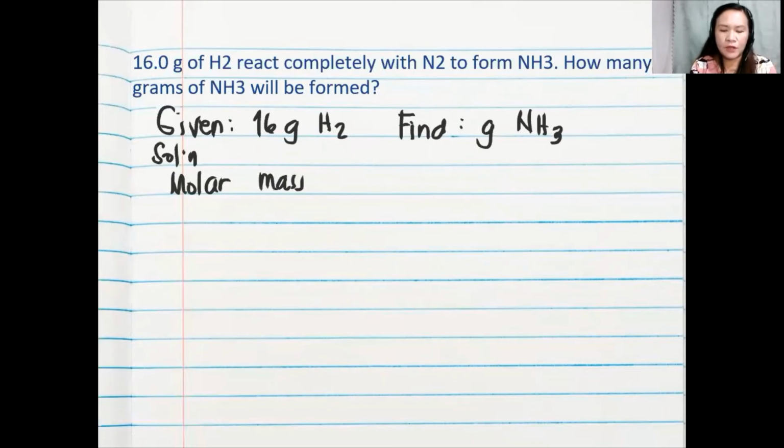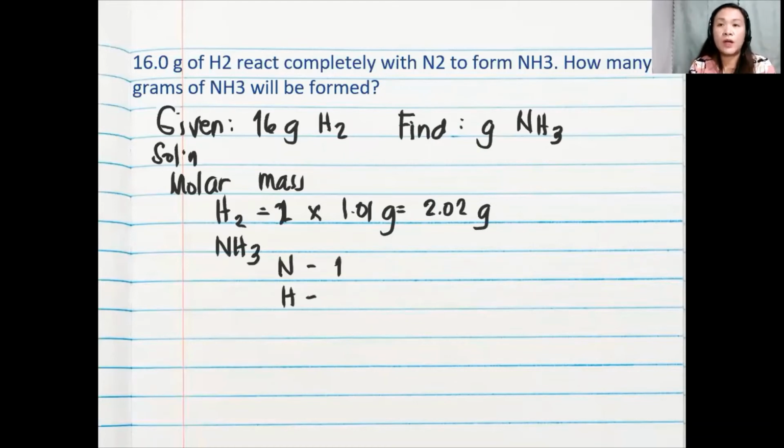Next, we need to get now their molar masses. So we have H2, that will be 2 times 1.01 grams, so we get 2.02 grams. Whereas for NH3, nitrogen and hydrogen, we have 1 atom of nitrogen, that's times 14.01 grams. And then for hydrogen, we have 3 atoms, so that's times 1.01 grams.